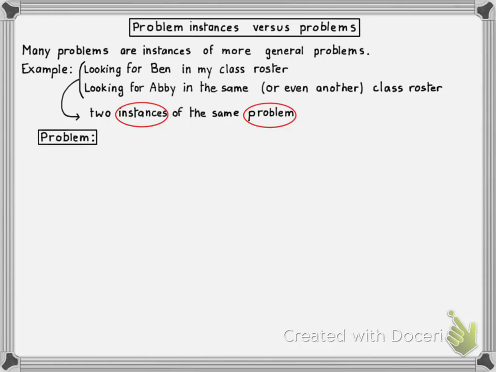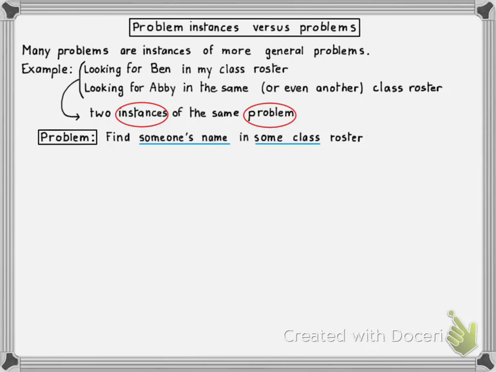So let's continue this example by specifying what the general problem could be. See, the general problem is more abstract or more general than the instances. It could be stated as finding someone's name in some class roster. Notice I started with Ben and Abby, and then I abstracted away and realized, well, those are both someone's name.